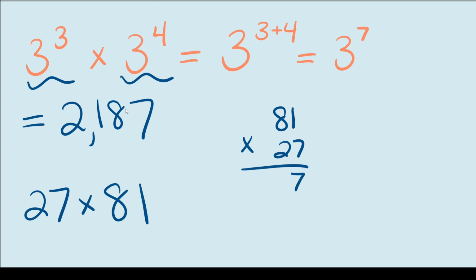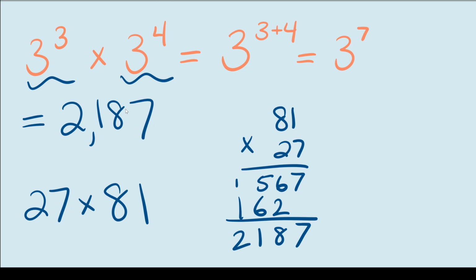So first up, I have 7, and then I have 56, because 7 times 8 is 56. Then with a 2, I have 162. And so if I just add everything, I have 11 here, so I'm going to carry the 1, and 1 plus 1 is 2. So my answer is, once again, 2,187. So that shows that this formula really does work.